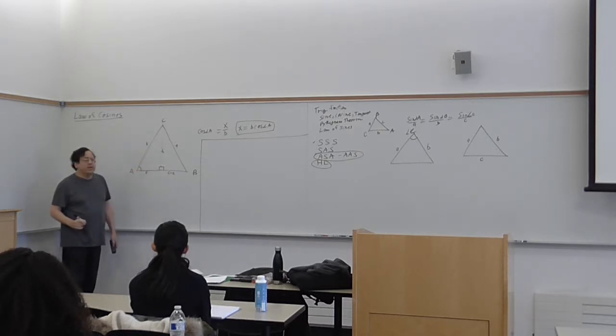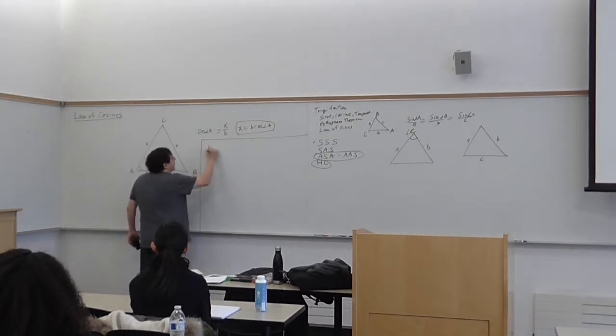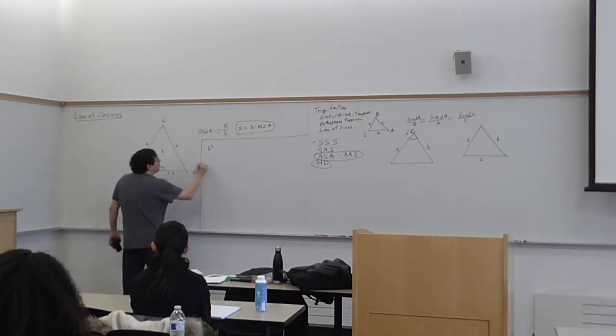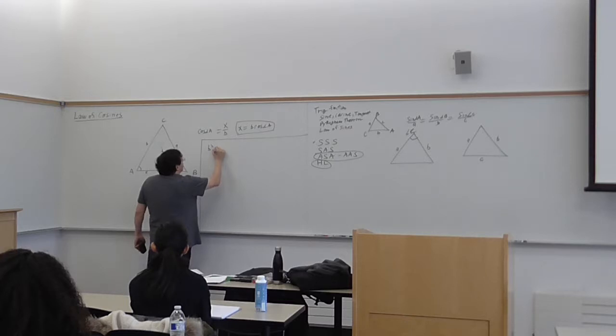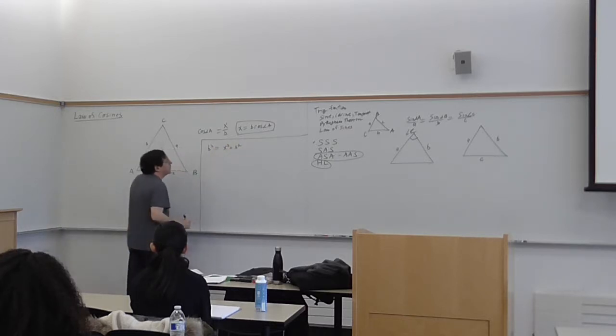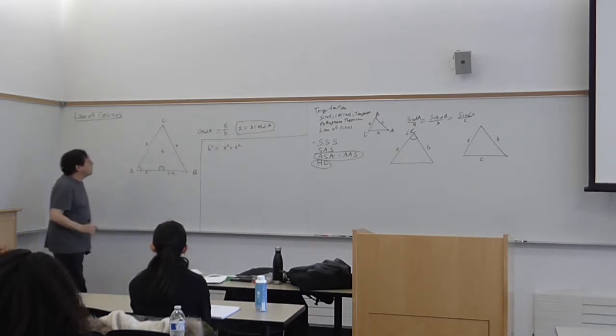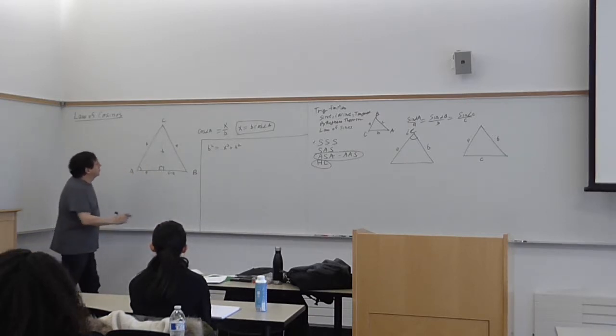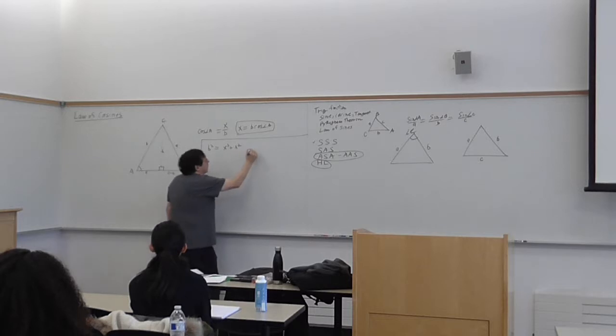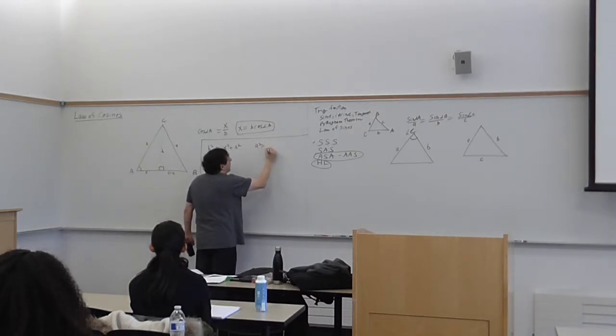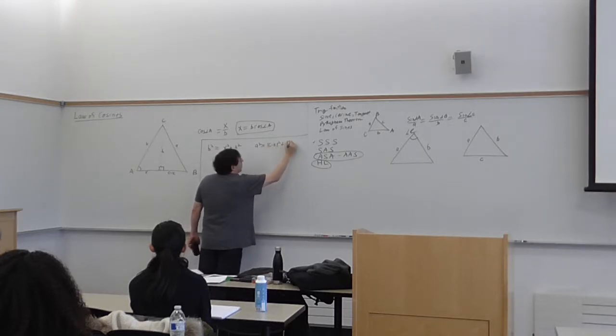So b squared is going to equal x squared plus h squared. And similarly, I'm going to have a squared equal to what? (c minus x) squared plus h squared.